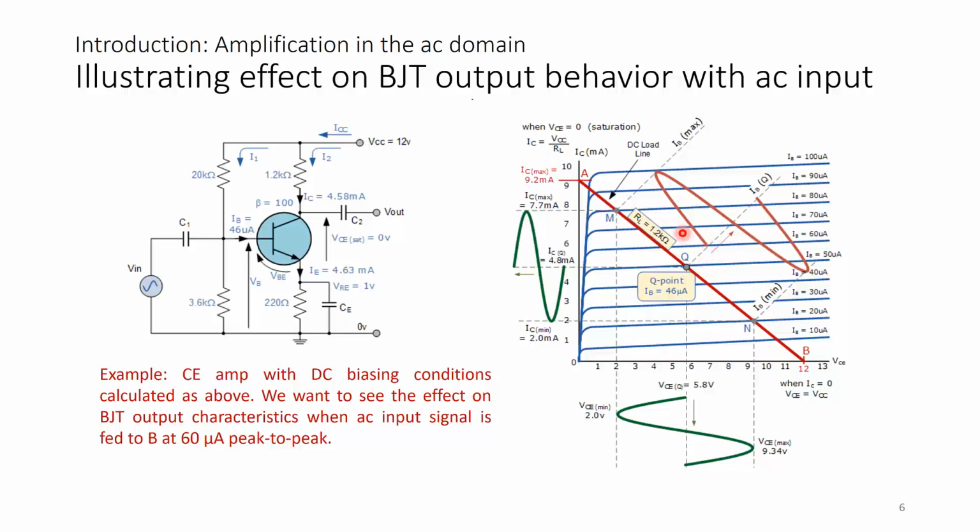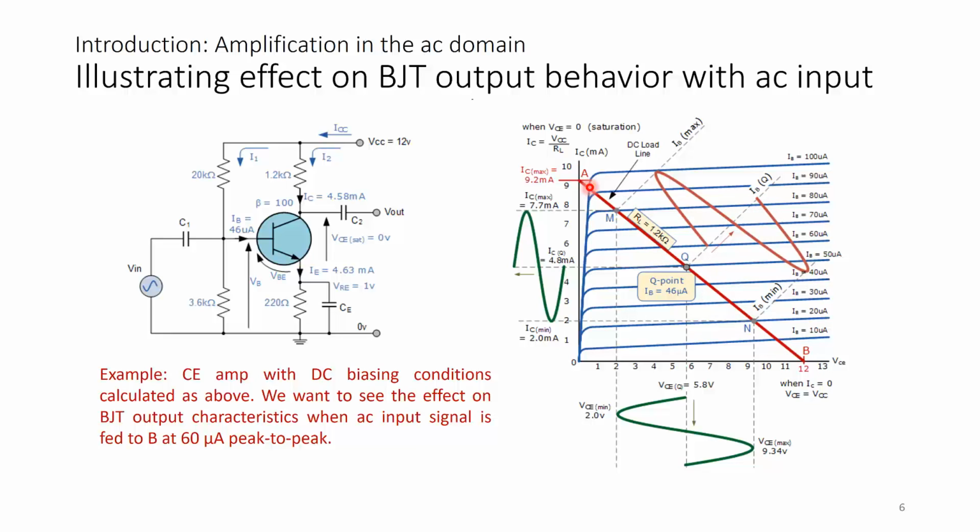So it's going from the Q point, which is 46 microamps, about 50 microamps, let's just estimate, going up 30 microamps to 80 microamps, and then it goes down another 30 microamps, making it 60 microamps peak to peak, down to 20 microamps. So 50 plus 30 to 80, 50 minus 30 to 20. This is what happens to IB.